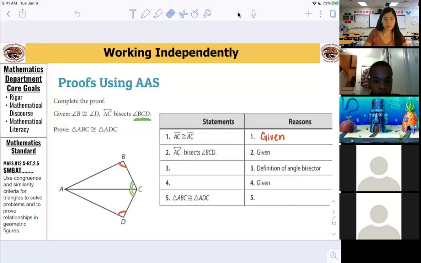Two equal parts. What are those equal parts? A and B? B and D? No, B and D already was given.